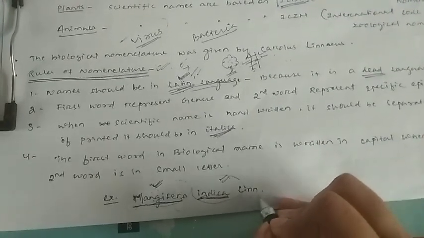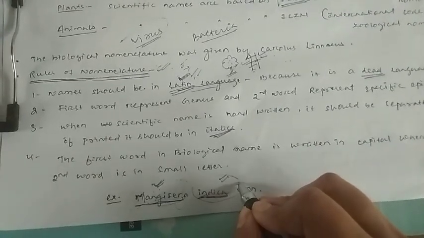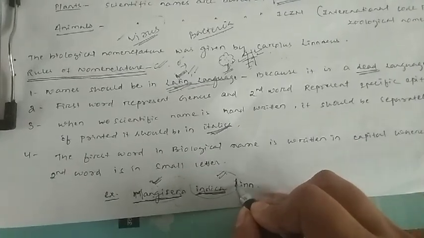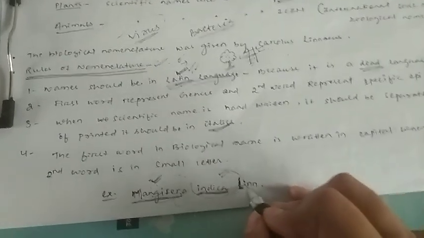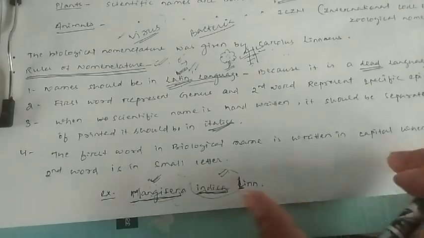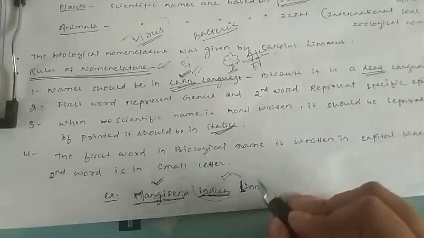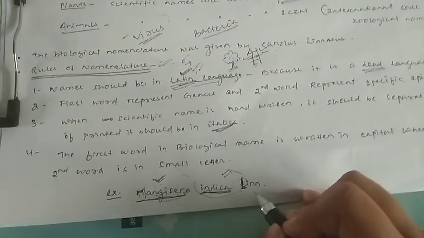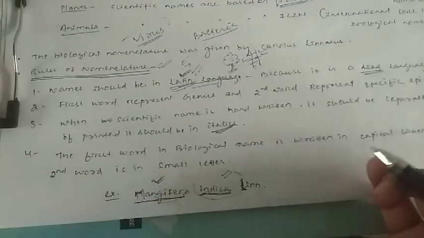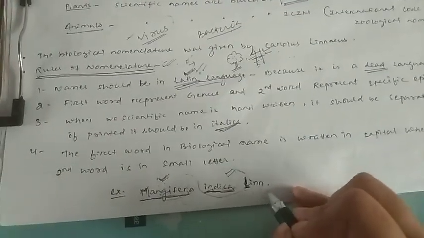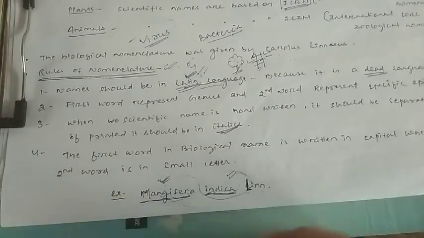You don't have to underline this one. And you have to remember that the L should be in a capital letter. You can't write such a long name as Carolus Linnaeus, you just write the abbreviated form, and you don't have to underline this word either.